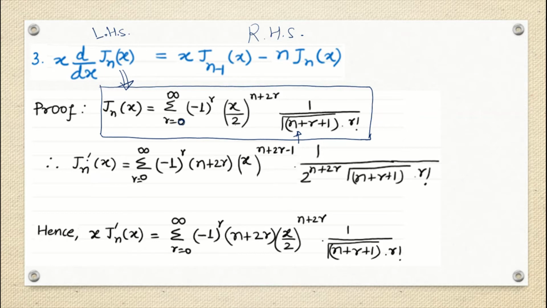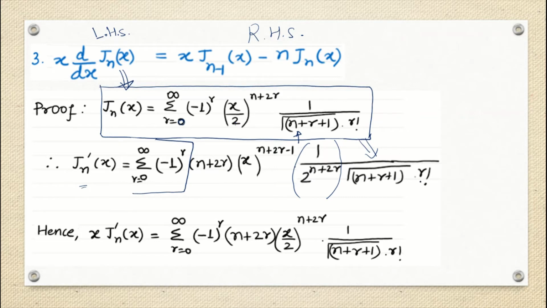The derivative of J_n(x) with respect to x: r and n are constants, so I copy the sum over r from 0 to infinity and (-1)^r as it is. Then x^{n+2r} divided by 2^{n+2r}: the 1 by 2^{n+2r} is constant, so I take it aside, as there is no x term.